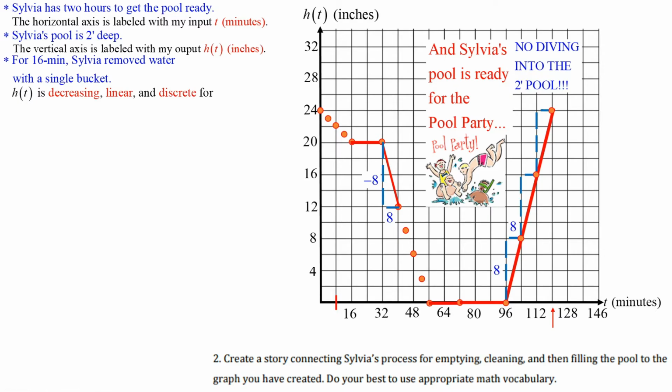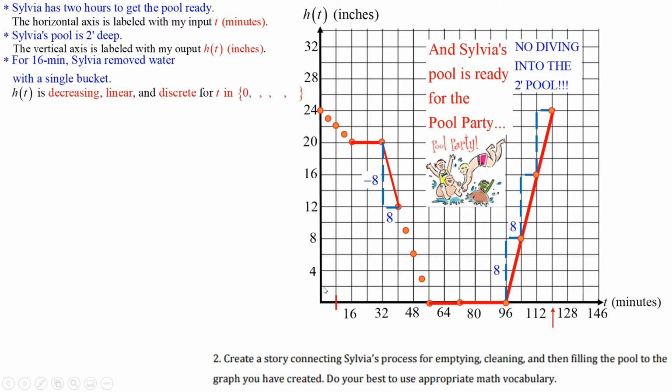Now, let's just talk about the domain for this part of the graph. And remember, domain, if we're talking about a discrete function, is just every x value for each one of these points. So in a discrete function, we use set notation. That means curly brackets. And what's our first x value? That would be t, I should say, is 0.